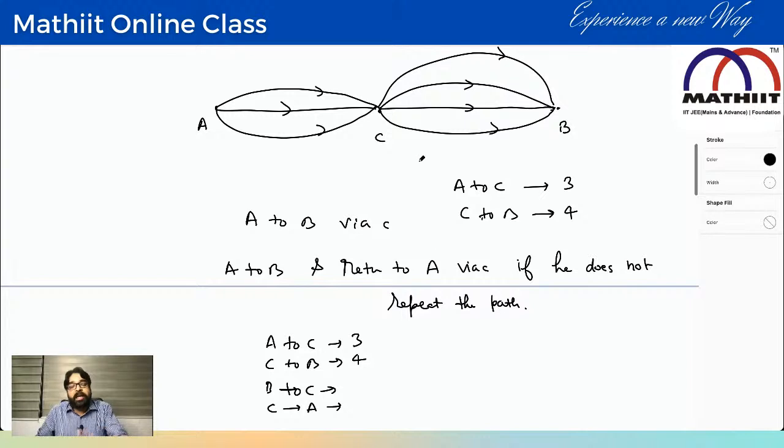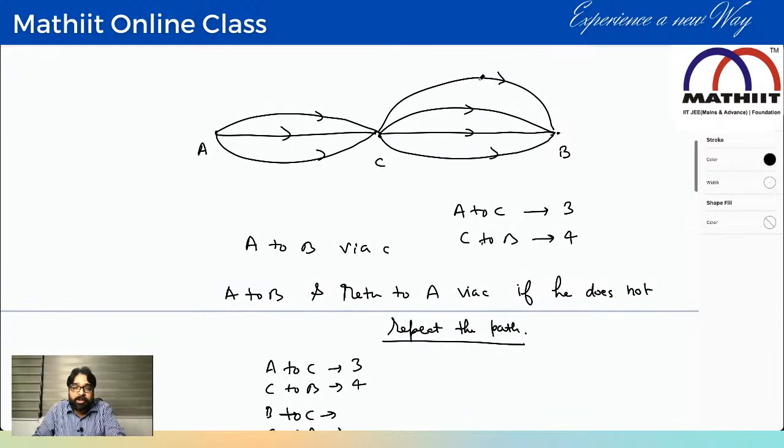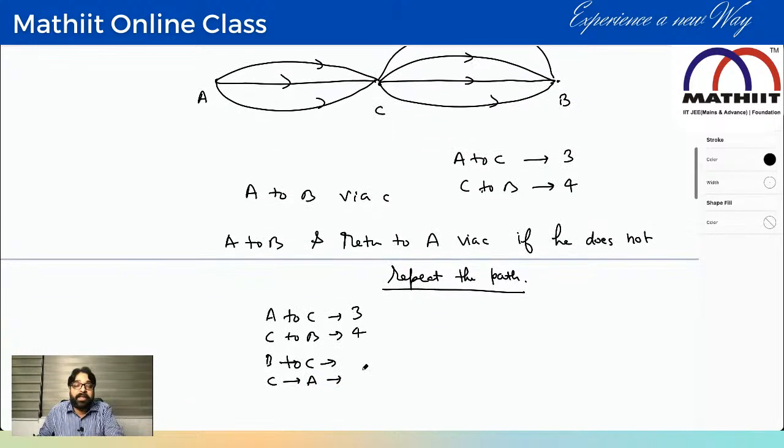Now B to C, he has only 3 choices. Why? Because I don't know how he came C to B, but whatever way he came, he does not repeat the path. That means if he came from the top path, he will not go by the top path. He will go by this way or this way or this way. Means B to C only 3 ways.